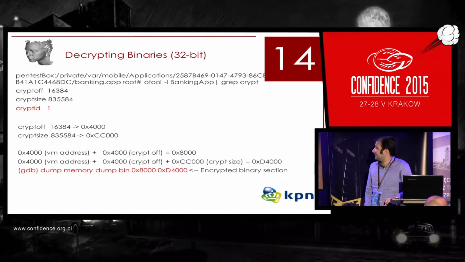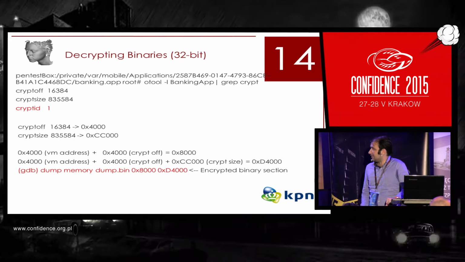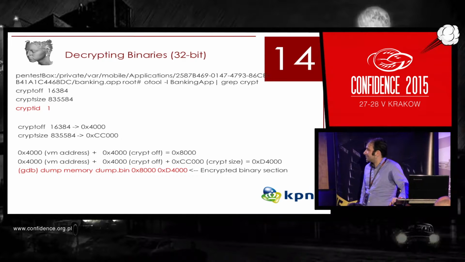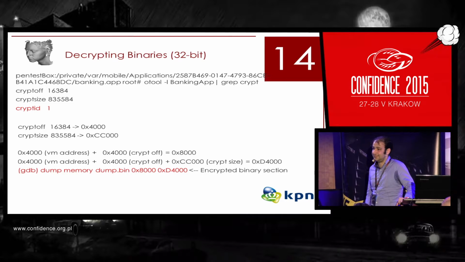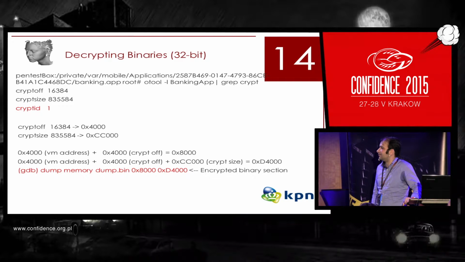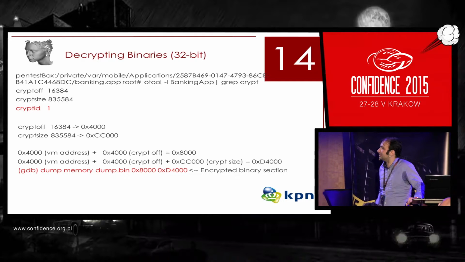iOS binaries implement cryptid to protect executables from piracy. So the integrity is checked by the encryption, and it is a section in the executable. When we used to deal with 32-bit applications in the iOS environment, we simply used the otool and then found the encryption section.